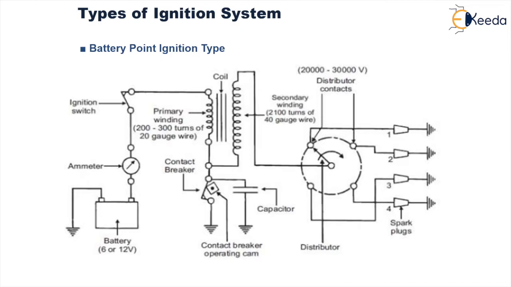Now, if we consider that the capacitor is not placed in the primary circuit, what is going to happen? The primary voltage, which is caused by the collapse of the magnetic field, will cause an arc to take place across the breaker point.